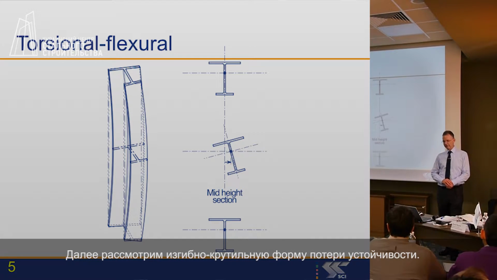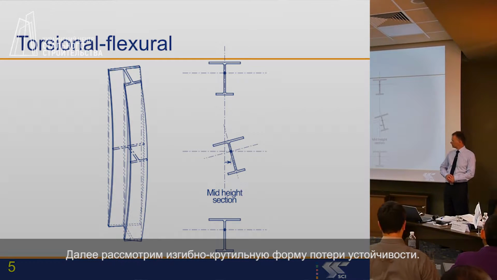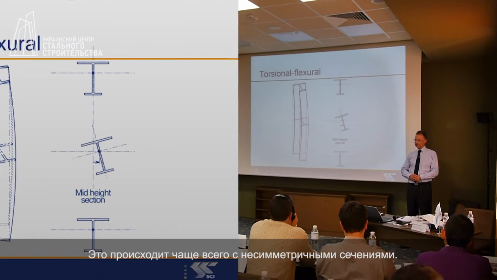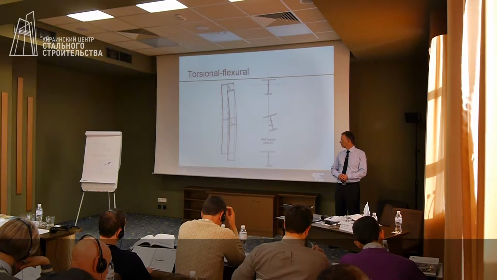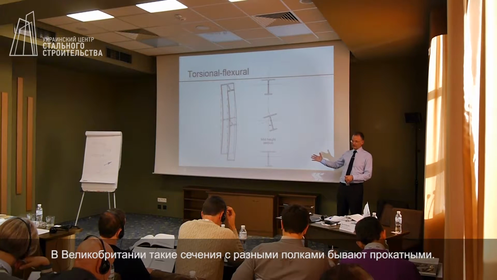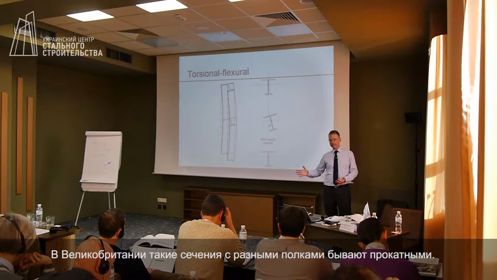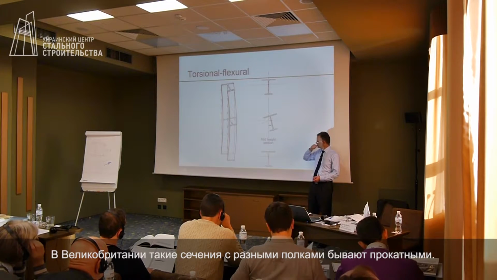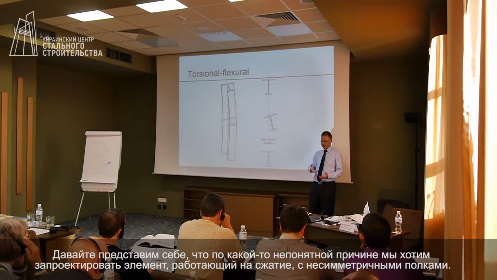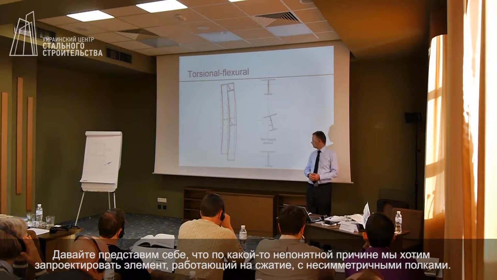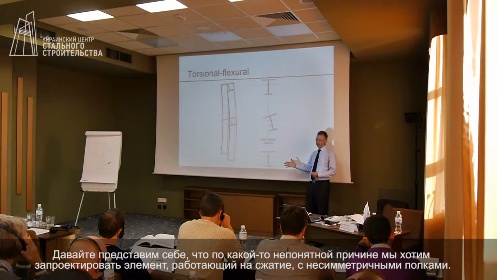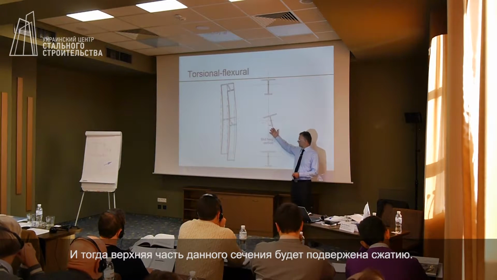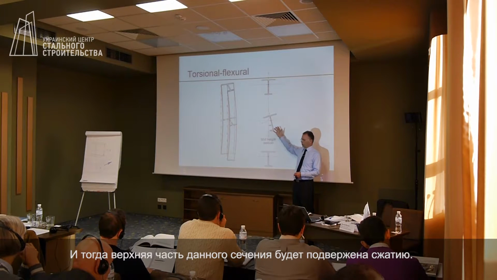This is torsional flexural buckling. So this would happen with an asymmetric section. Some sections like this are rolled in the UK with a different flange top and bottom. Let's imagine that for some strange reason we wish to design a strut using an asymmetric section. So at the mid-height of this member, the whole of the cross-section experiences compression.